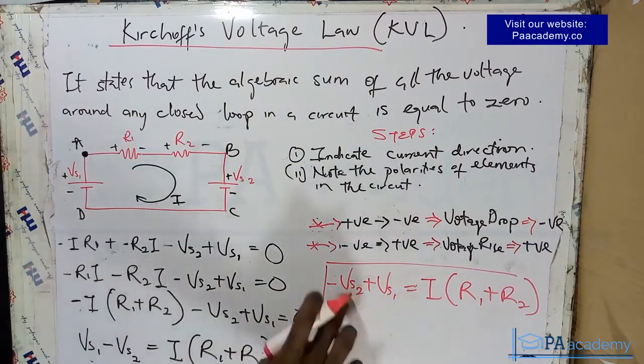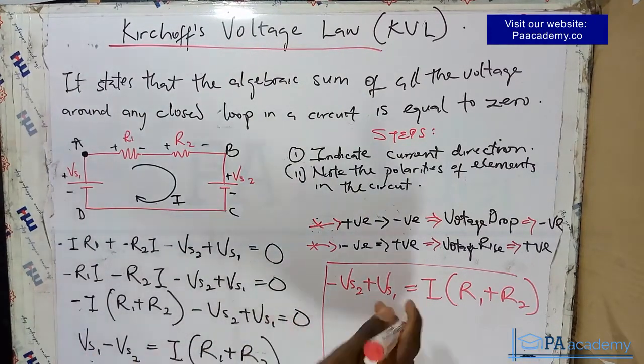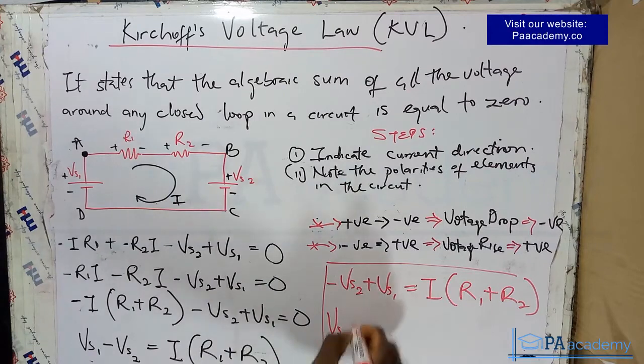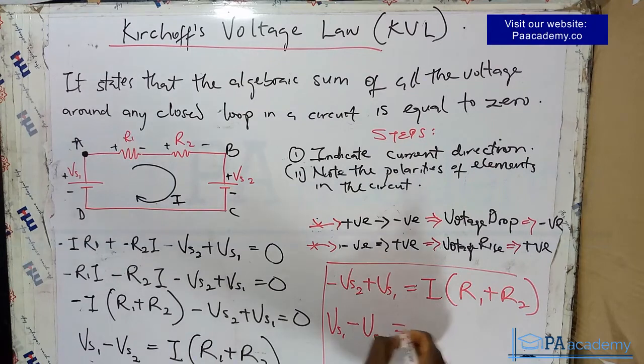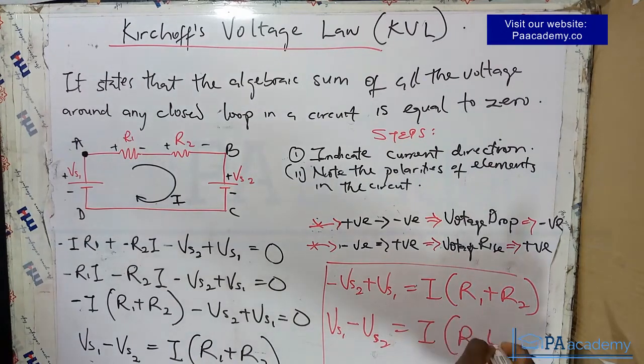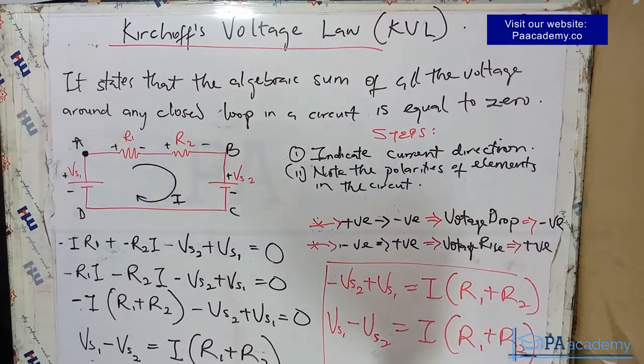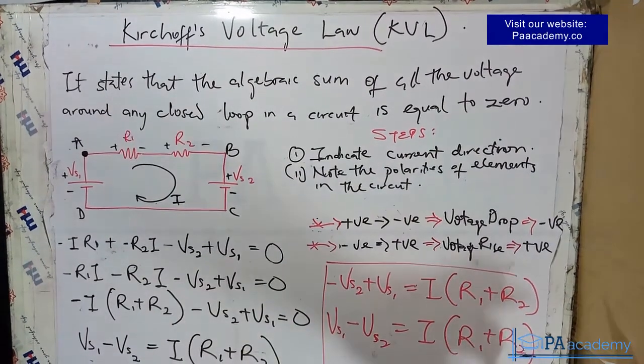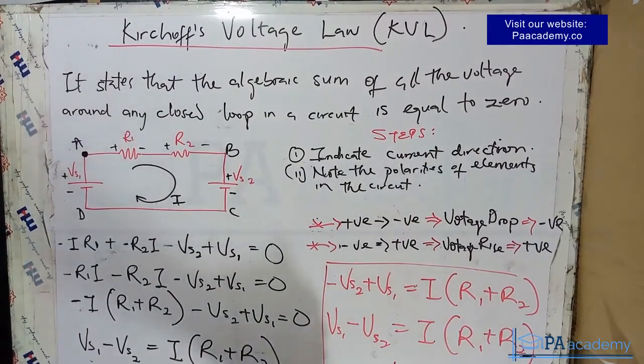Exactly. So I just changed it around. That's what happened here. If I bring my Vs1 first and then followed by the Vs2, equals to I into brackets R1 plus R2. I hope you are seeing it. So you can see what you are having here is still the same thing. In case that is not clear, I hope that explained that. So now let's continue.